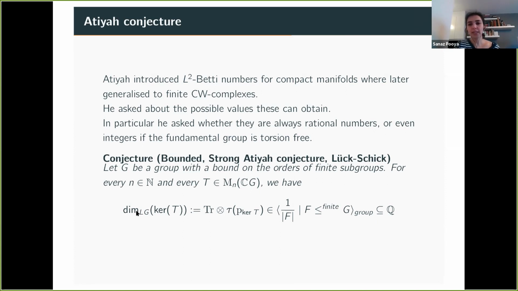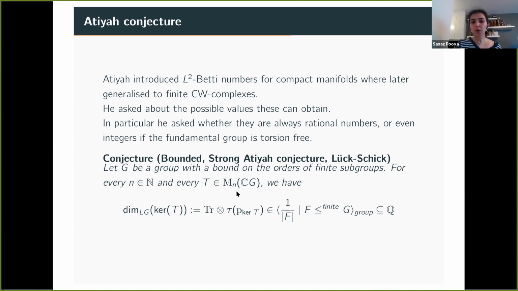Then for any n inside the natural numbers and any operator T inside matrices over the group ring, the von Neumann dimension of the kernel of T lies inside the group generated by these inverses.